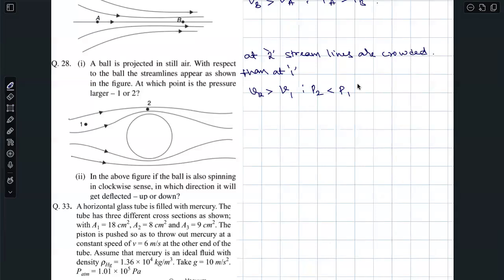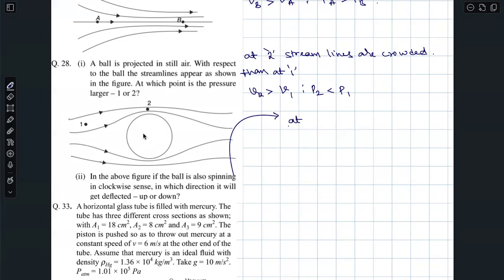Okay? Got the point? So, at which point is the pressure, 1 or 2, larger? I just answered. Now, if the ball is spinning in clockwise direction, for this, what will you answer?